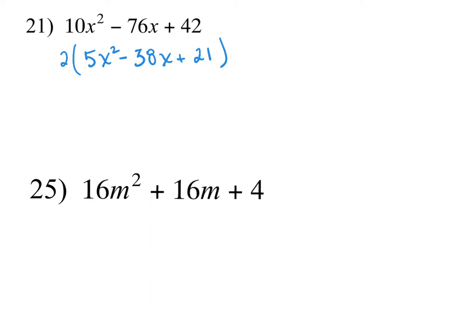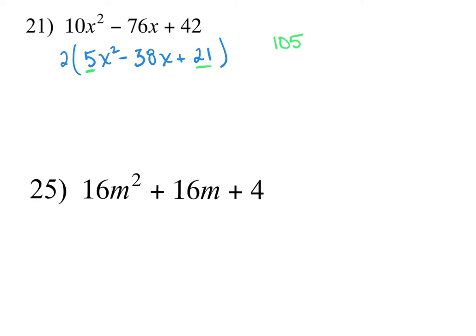What do I do now in here? Multiply 5 and 21. What do I get? I'm looking for factors that add up to give me 38, right? 38. 35. Yeah.